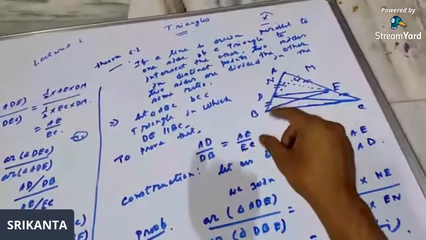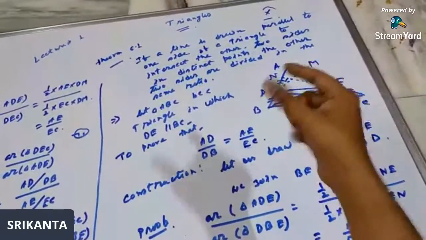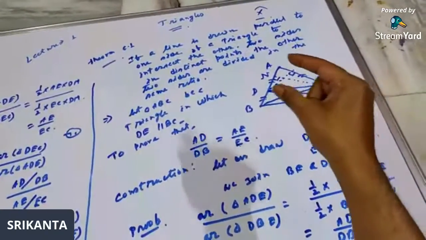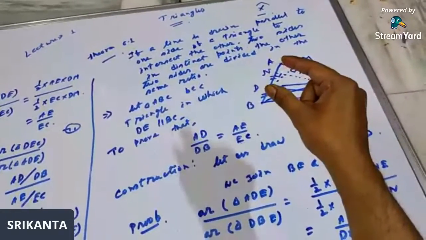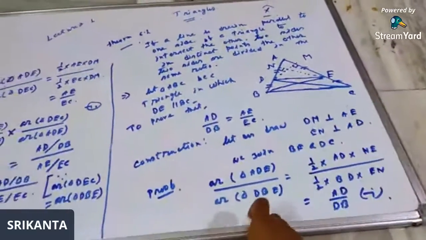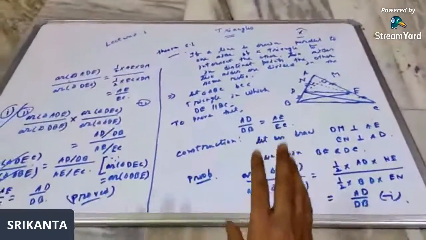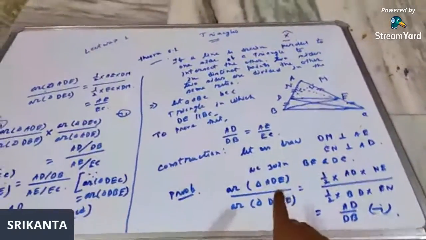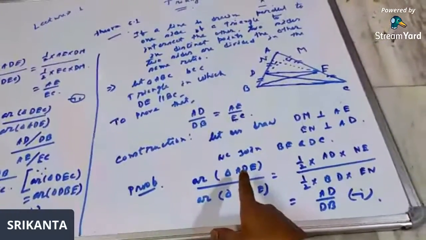Now AD by DB. You see in which two triangles AD and DB are there. Then you will easily understand that AD belongs to triangle ADE and BD belongs to triangle BDE. So these two triangles we have taken, right? So area of ADE by area of DBE. Very easy. Area means what? Half into base into height.